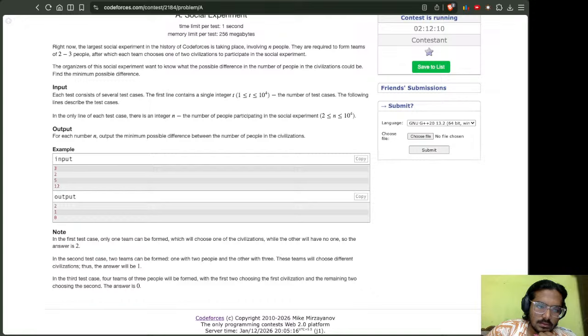The second test case, there are 5 people, one team with 2 people and another with 3. These teams will choose different civilizations. In the third test case, 4 teams of 3 people will be formed, with the first 2 choosing the first civilization and the remaining 2 choosing the second.